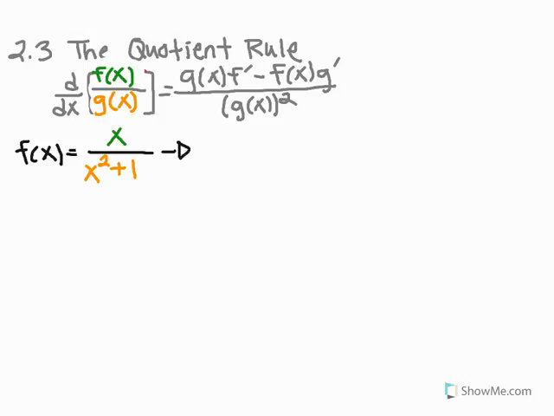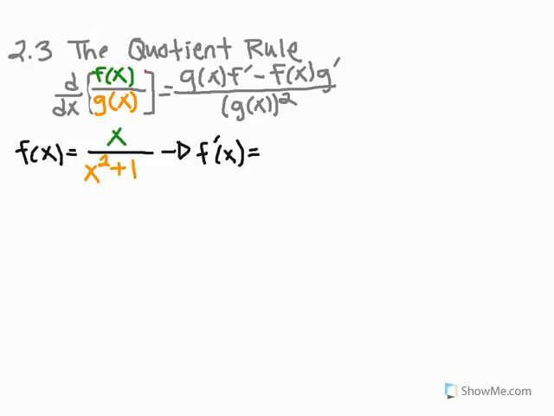Now, first of all, I am going to need to name this so that I can work with it. I'm going to actually use Newton notation for this, just a little quicker, which is going to be f prime of x equals. All right, so the first part here, if we look, it says g of x times f prime.